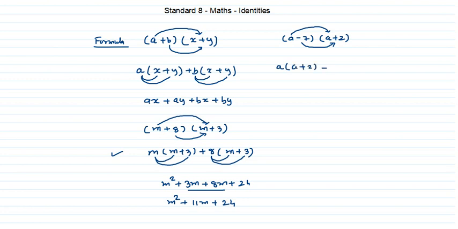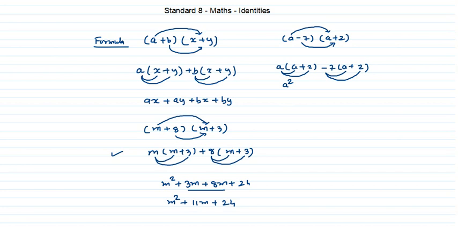When you do the sum, just stop and think in your brain and then do it. Then you will not make a mistake. a into a is a square. If you want, I can draw it like this. This is minus 7, you have to be very careful here, and minus 7 into 2.